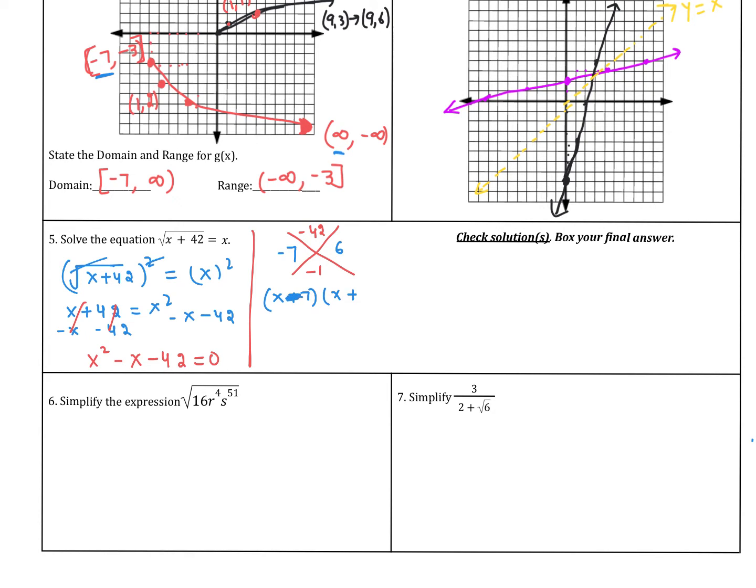x minus 7 and x plus 6 equals 0. You set them equal to 0 one by one, and you get x equals 7 and x equals negative 6.